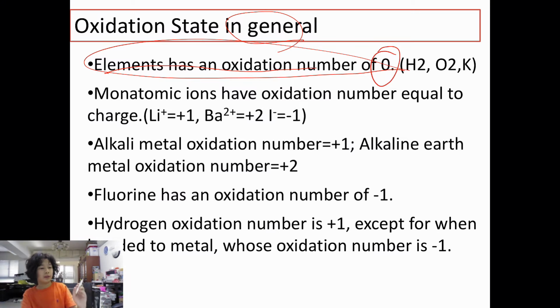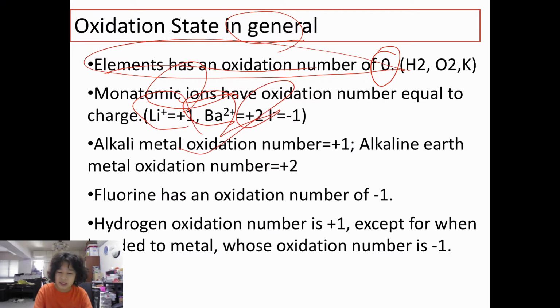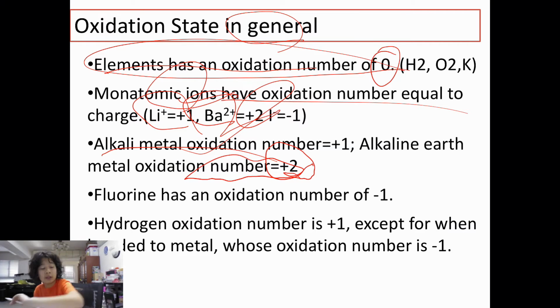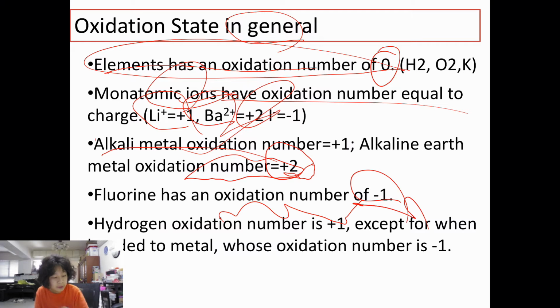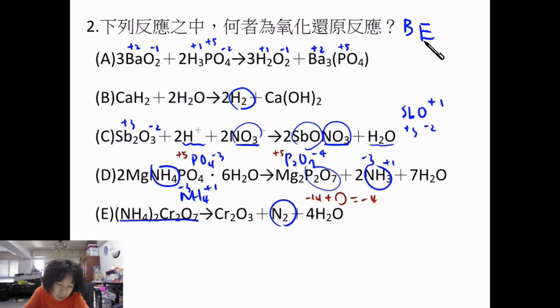If it's an ion, the oxidation number equals its charge. Alkali metals are always +1, alkaline earth metals are always +2. Fluorine always has an oxidation number of -1 because it is the most electronegative. Hydrogen is +1, except when it's bound to a metal, where it becomes -1.